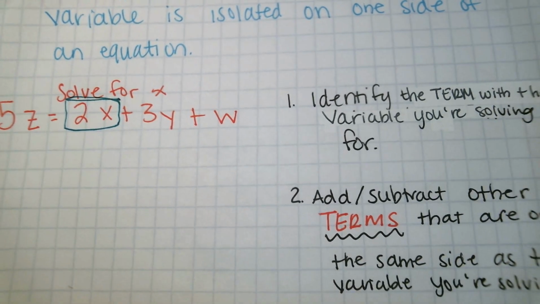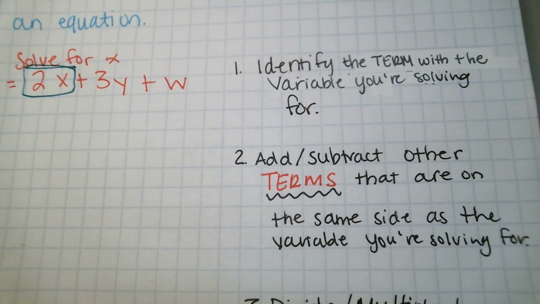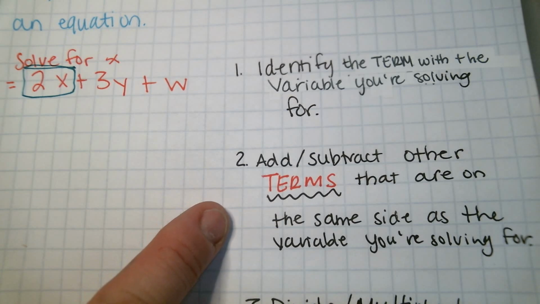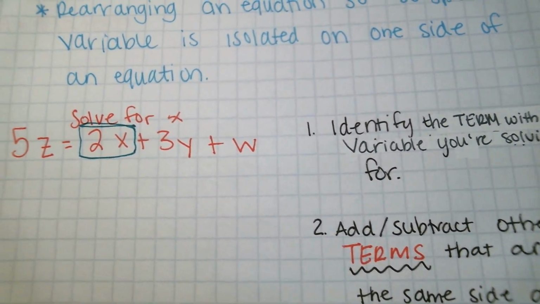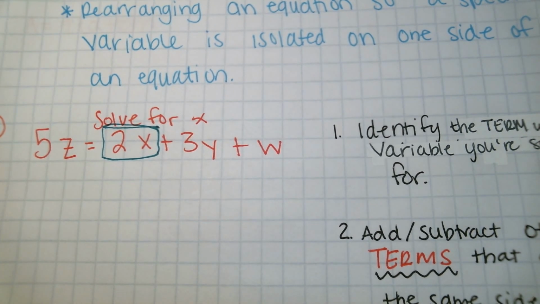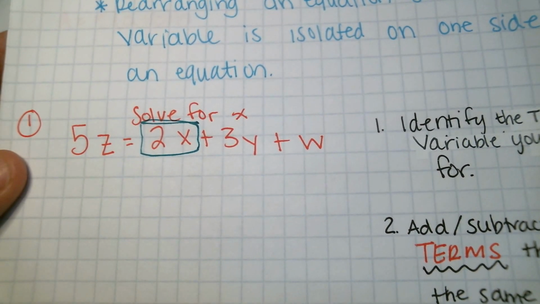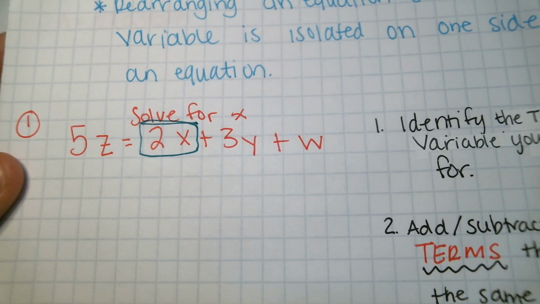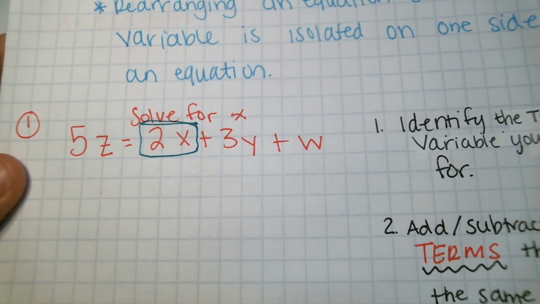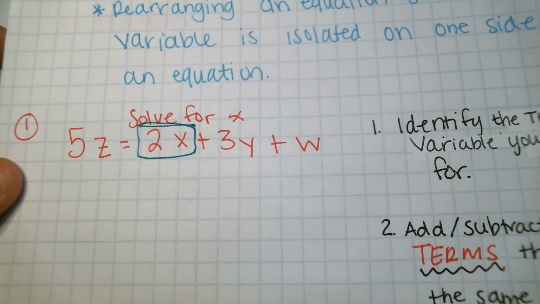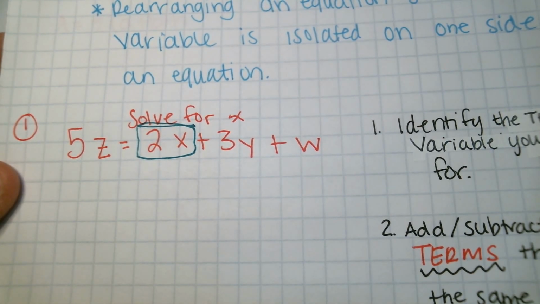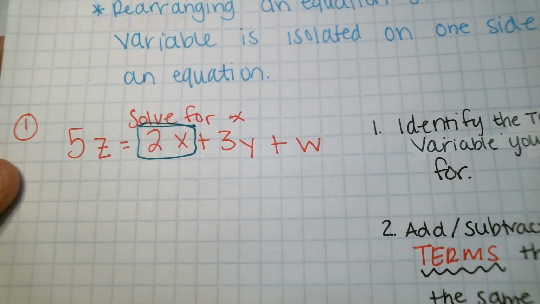Now, step 2 is to add or subtract other terms that are on the same side as the variable you're solving for. And those properties of solving that we looked at yesterday in lesson 1.1 when we justified, they work here as well. So solving for a specific variable, rearranging an equation, you have to use the equality property of addition.